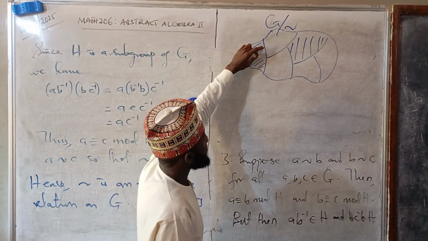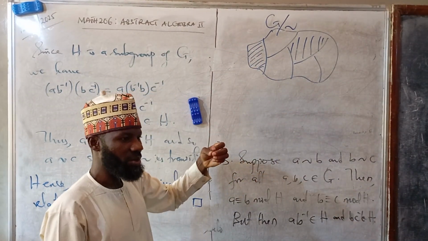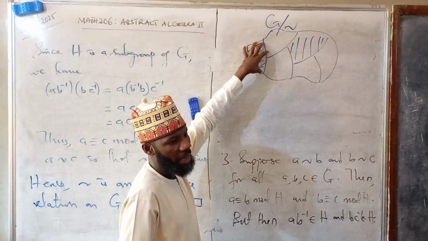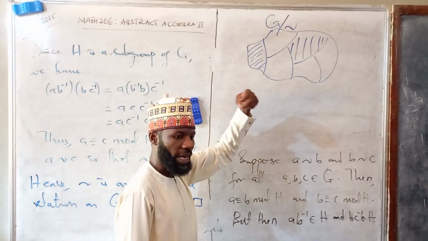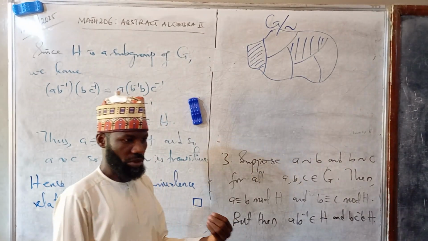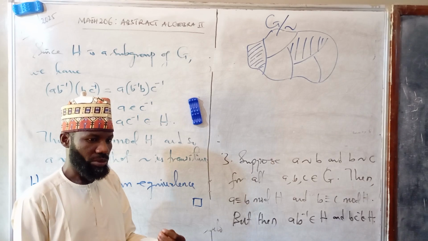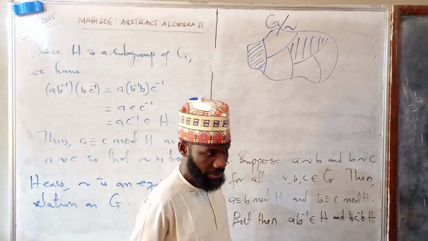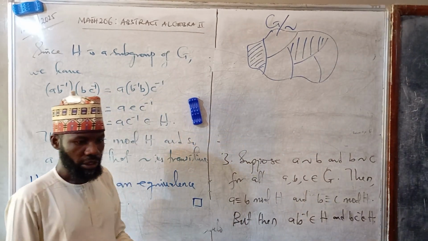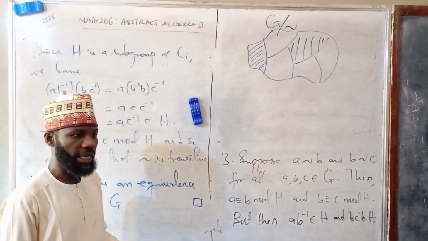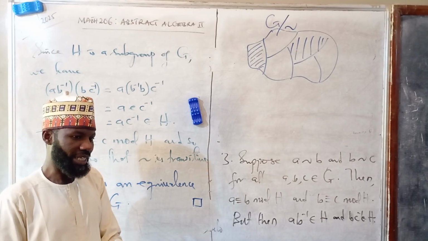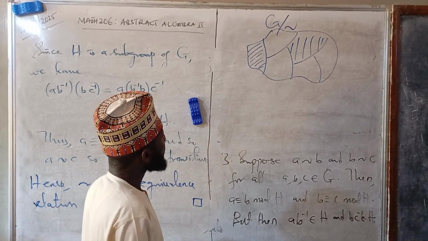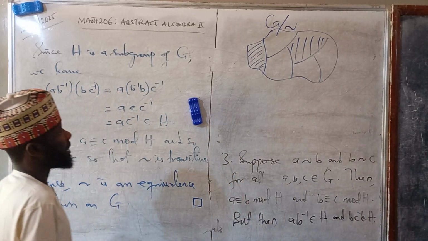If you pick one element from a class, that element will be the representative of that class, and whatever information you want to know about this group of elements, the element you pick will provide it. Like if I want the timetable for a particular class, I only need to contact the class rep, and the class rep will give me the information. I don't need to contact a different person in that same class. This is the advantage of having an equivalence relation: it partitions the group.